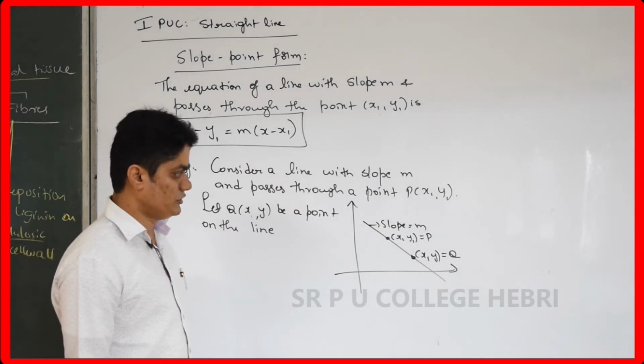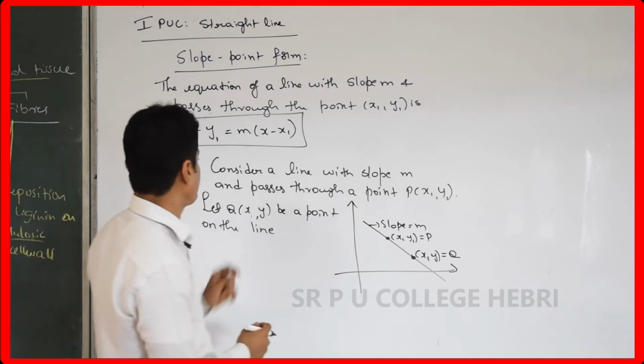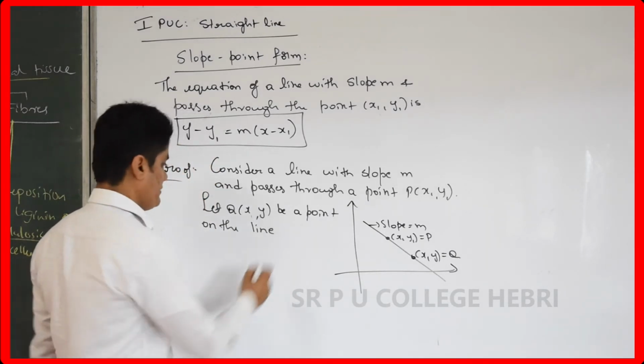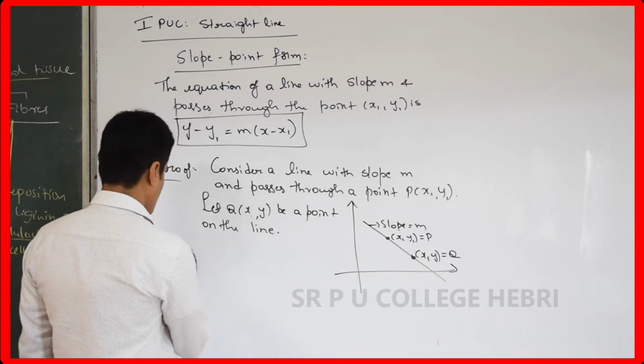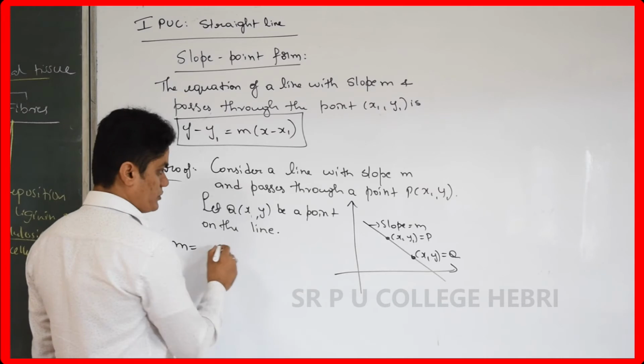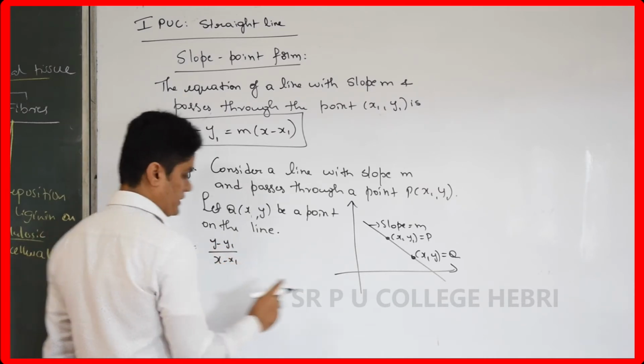Slope is known, 2 points are known. So how to now get the equation, y minus y1 equal to m into x minus x1? Again the same idea which we used in the last problem. When you know the slope and 2 points, definitely you are going to write m is equal to y minus y1 divided by x minus x1.